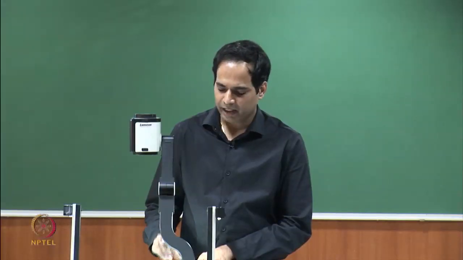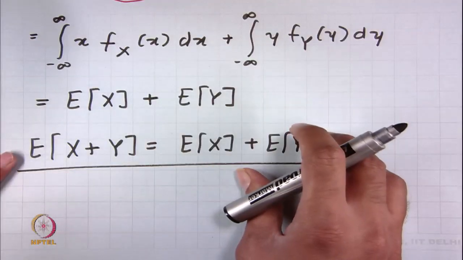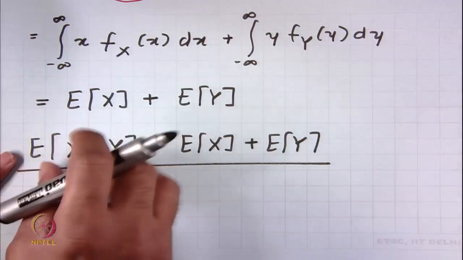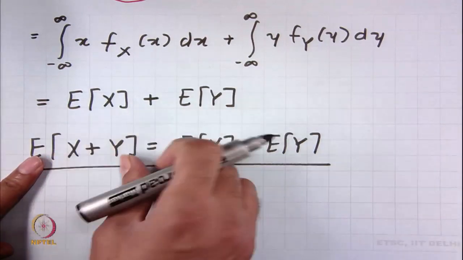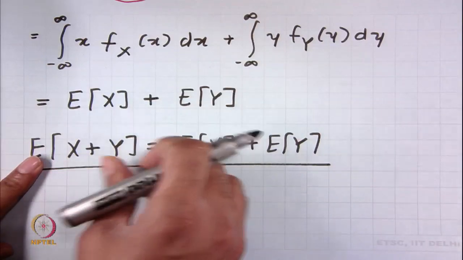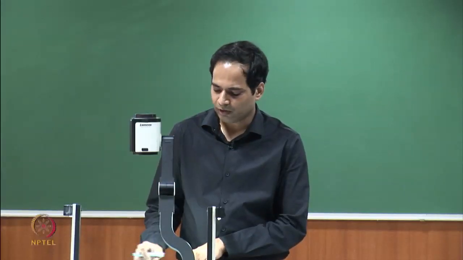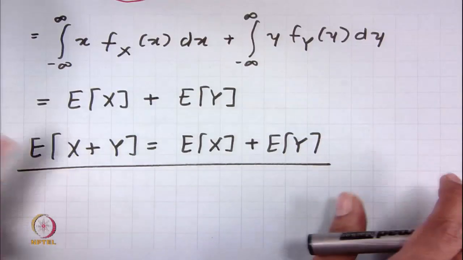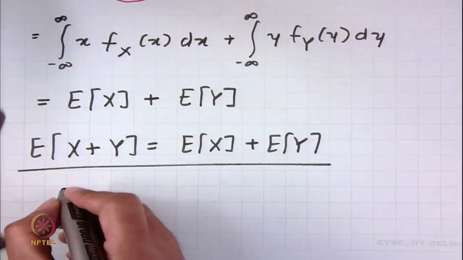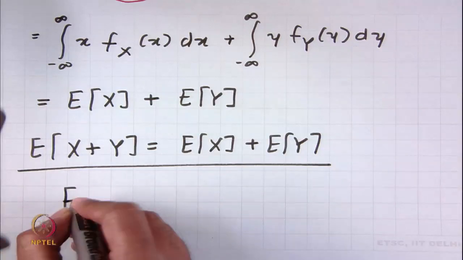We have not made any assumption while evaluating this. So, we have said that the expectation of x plus y, where x and y can have any distribution, they can be statistically independent, they can be statistically dependent, whatsoever, is nothing but the expectation of x plus the expectation of random variable y.